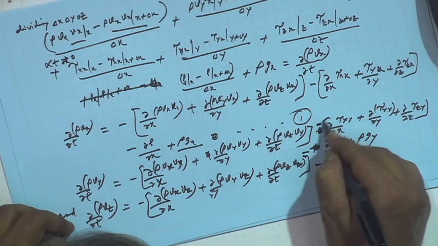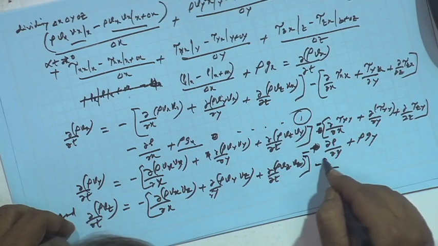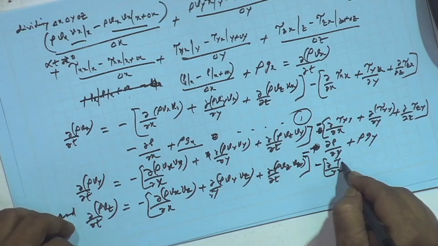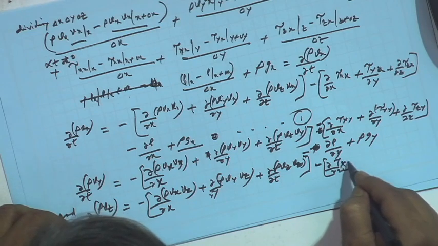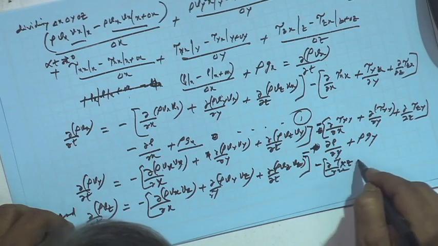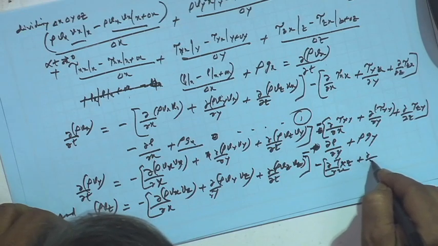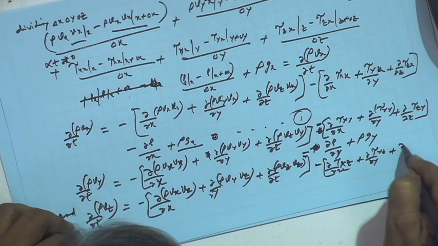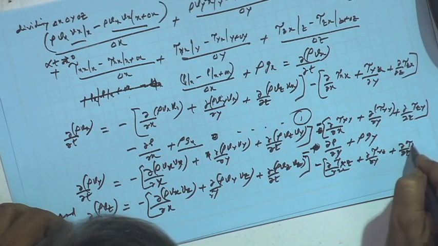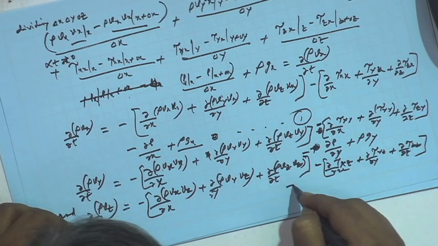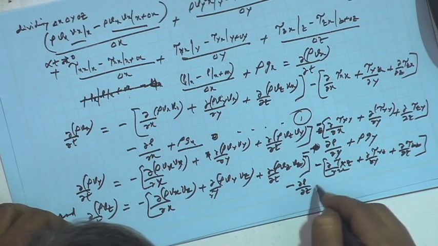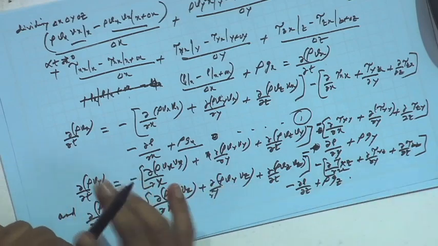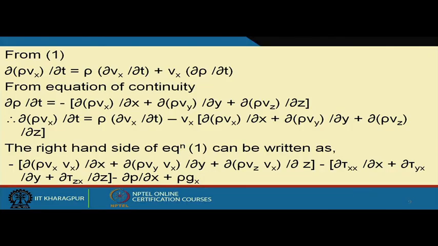So, ∂/∂x and one negative for this term, of τxz, plus ∂/∂y of τyz plus ∂/∂z of τzz, right. This minus ∂p/∂z plus ρg_z. These are the three equations for the three coordinate directions, right.